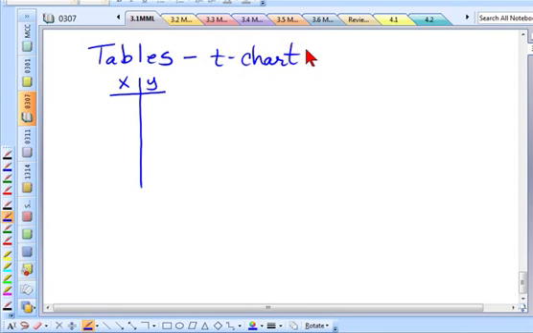A T-chart is a chart that can hold ordered pairs. It can hold an X, I have highlighted the X spot, and the Y that goes with it.